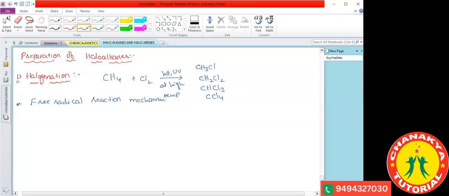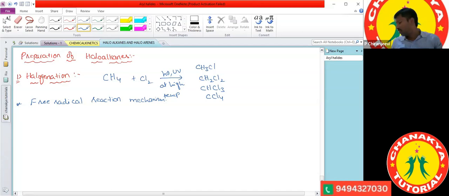Sir, it is formed after homolytic or heterolytic reactions. Very good, Aditi. Free radicals are formed by the homolytic cleavage of the covalent bond.